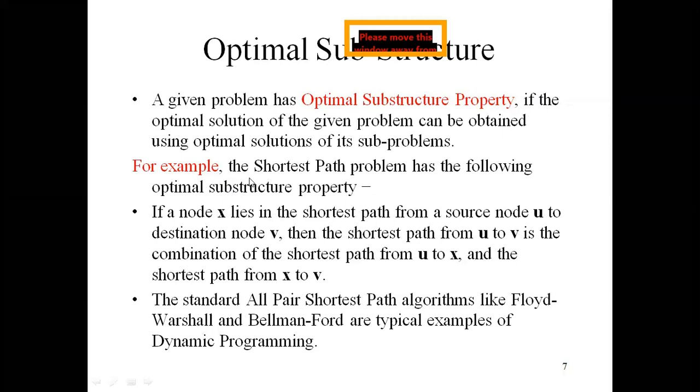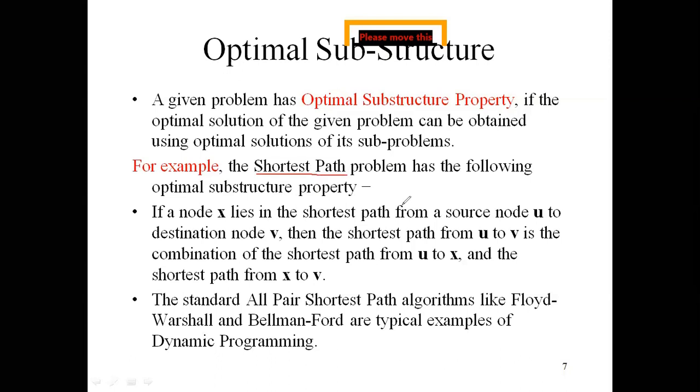An example is that the shortest path problem has the following optimal substructure property. What is the shortest path problem? The shortest path problem is used to find the shortest path to reach your city.